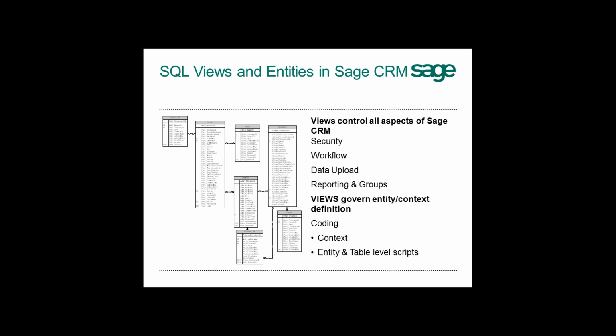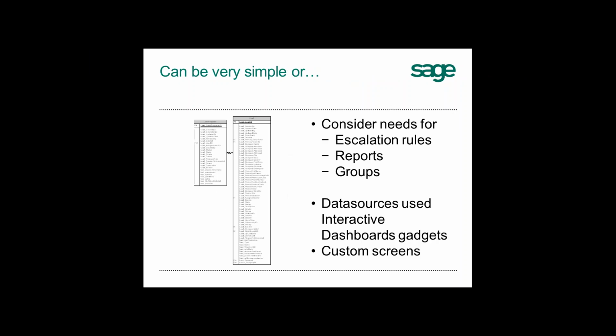So views provide us with all of the sources that bring that information in. Now, it can be as complex as we like, or it can be simple. But the overriding requirement when it comes to the definition of our own views is, what is this for? What data do we need?